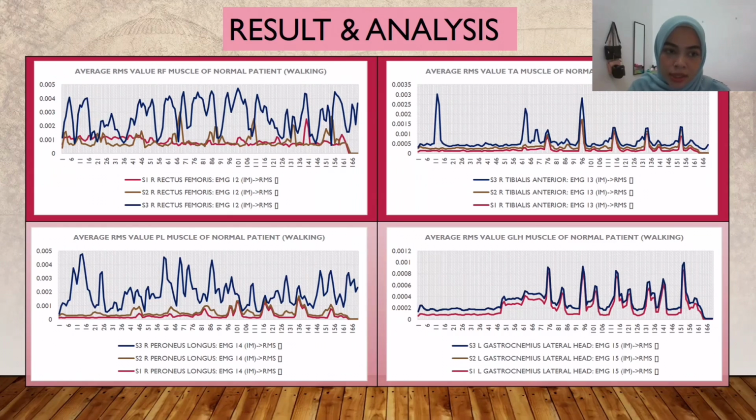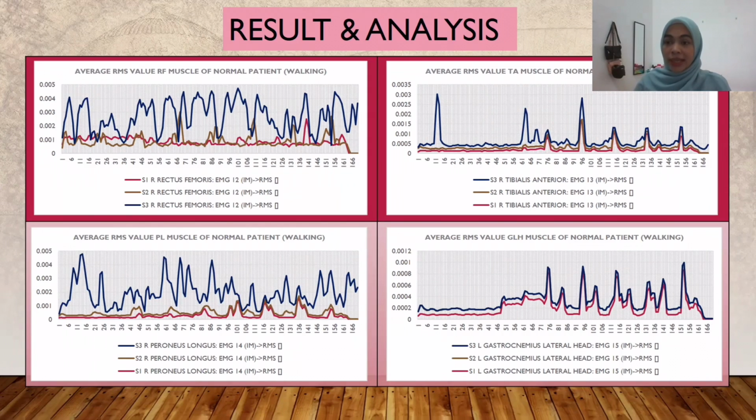As we can see here, pink color is representing the first sample, S1. The brown color is representing the second sample, and the dark blue color is representing the third sample. As we can see here, S1 and S2 have almost similar patterns, but not S3. S3 has higher contraction compared to S1 and S2.